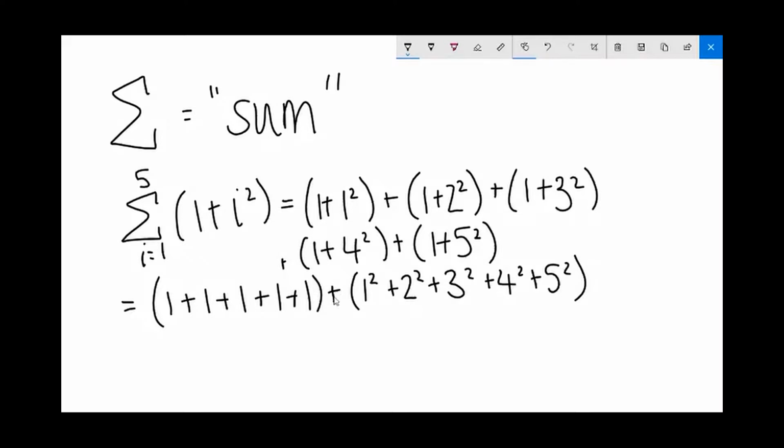So as you may have noticed, this is the same as writing the sum between i equals 1 to 5 of 1, as you go from 1 to 5 and each term is just 1, so there's no i component in this one here, plus the sum between i equals 1 to 5 of i squared, which is this part here.